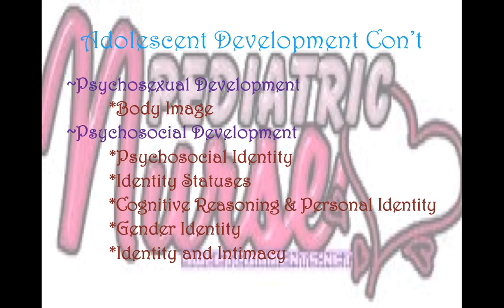Lastly, identity and intimacy. Erikson contends once young people have achieved a sense of who they are, they are better able to commit themselves intimately to another person. According to Erikson, the youth who is not sure of his or her identity shies away from interpersonal intimacy or throws himself or herself into acts of intimacy which are promiscuous.